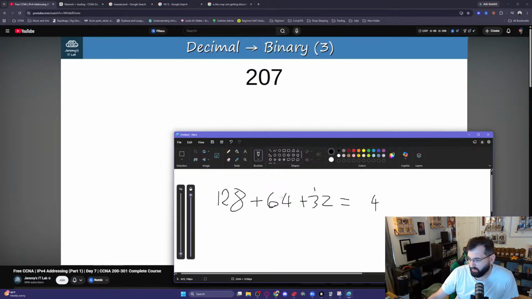Carry the 1. That's 2 and 3 is 5. That's 6. 6 and 6 is 12. Carry the 1. Which is over here. Okay, so we don't need the 32. We just need the 128. Okay.